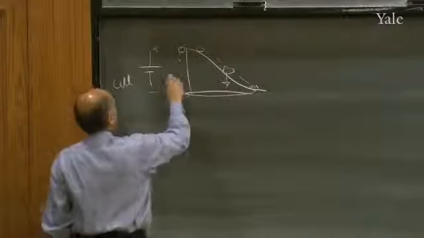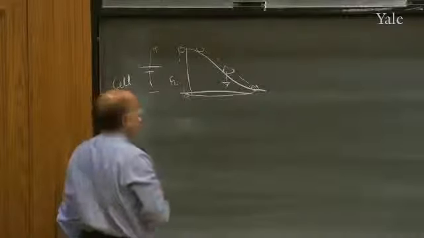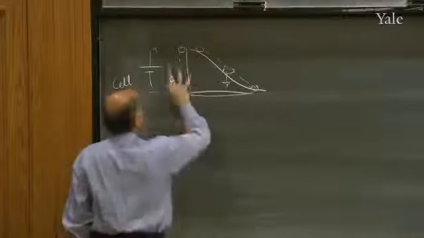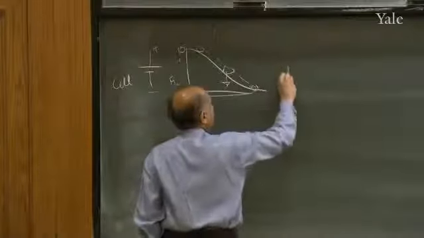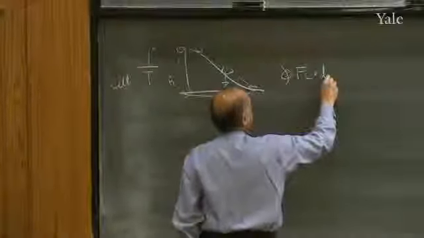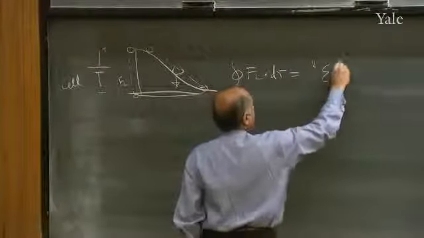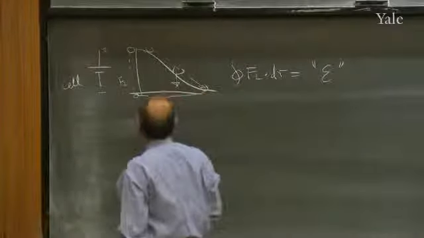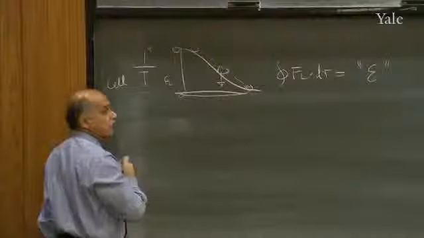So let's call it the force of the lift. The force of the lift has nothing to do with gravity. It's driven by some other engines and so on. And we define the force of the lift on the closed loop to be something called curly E. That's a mechanical analog of what's called electromotive force.